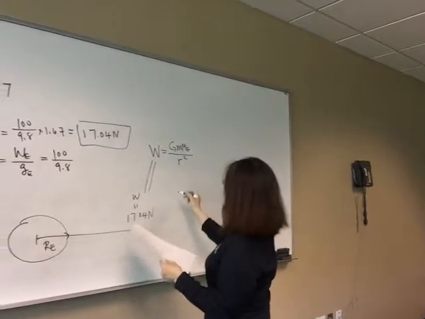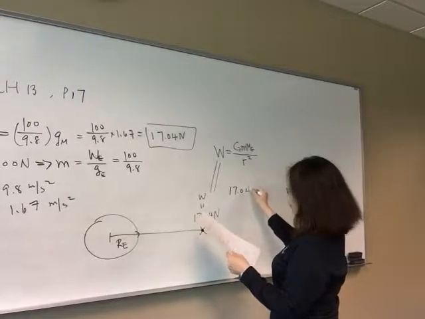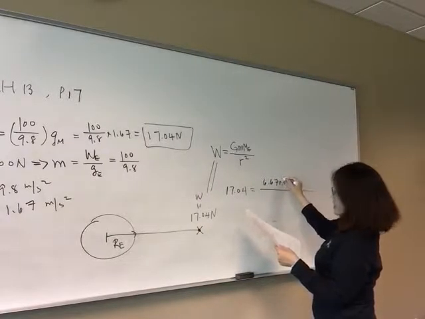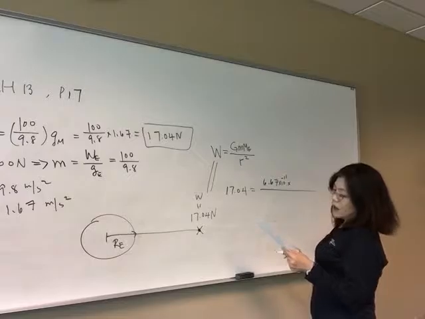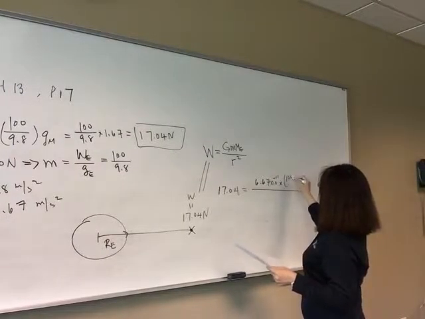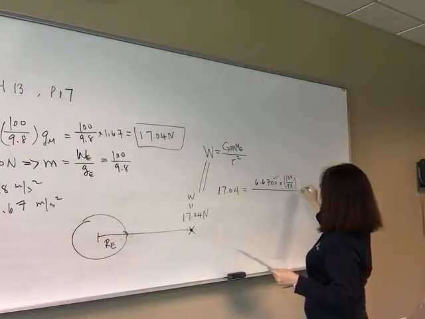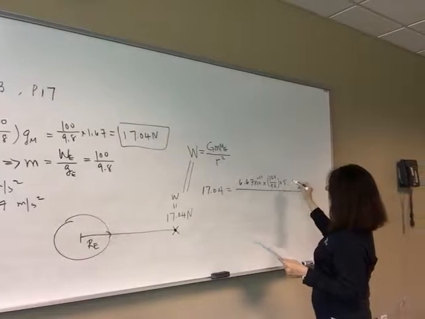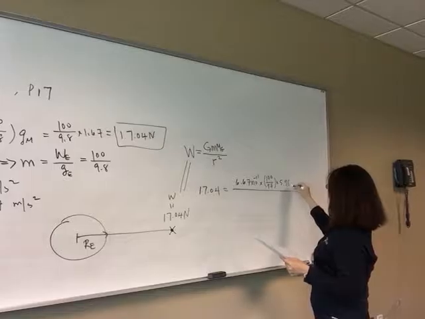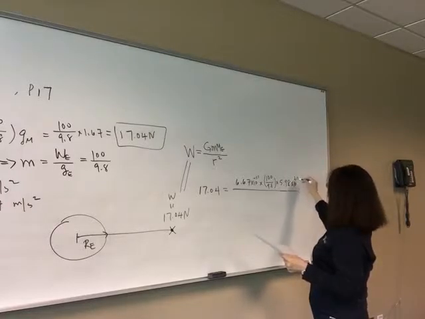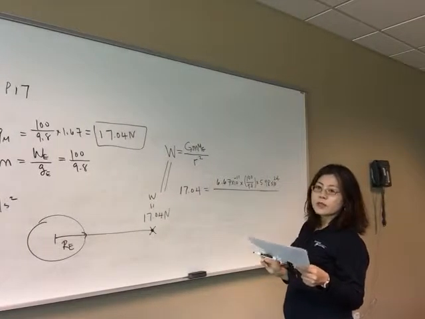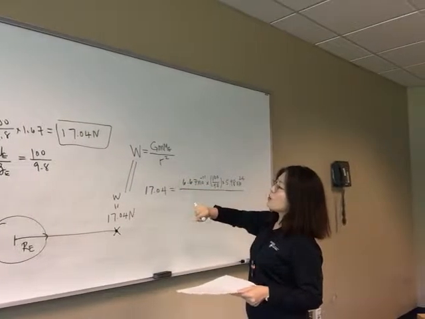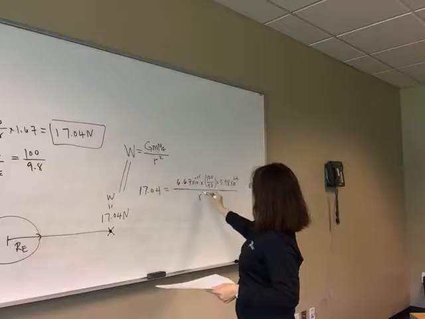So let's plug in the numbers. 17.04 is equal to 6.67 times 10 to the negative 11, times 100 over 9.8, the mass of the object, times the mass of the Earth. If you flip to the back of the book, it will give you all these numbers. It's 5.98 times 10 to the 24th, divided by R squared. What is your R? Your R is the one we are asked to find.